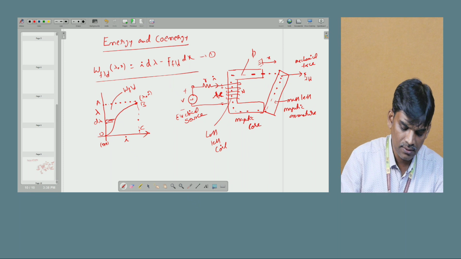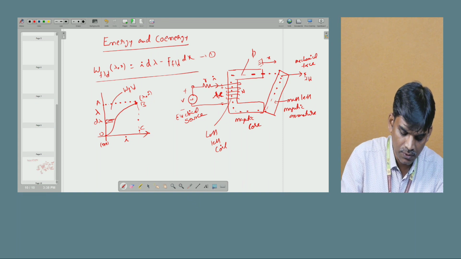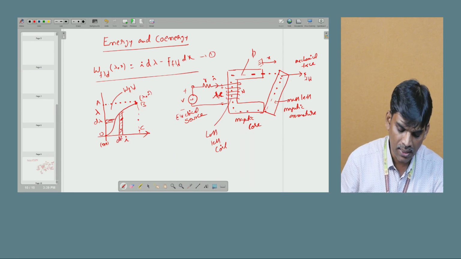Mathematically, the point can also change in this area, where you take a small distance di, in terms of lambda di.